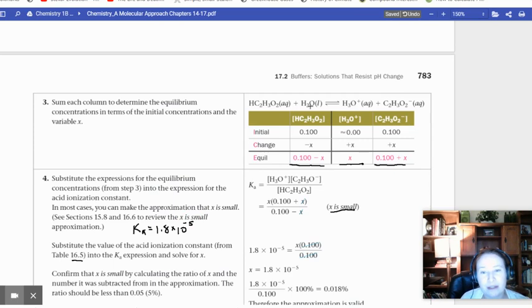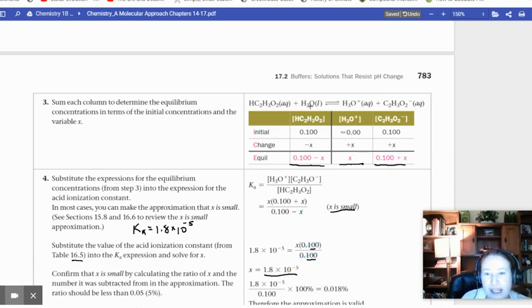And on the AP test, they only use x is small. So 0.1 minus x just becomes 0.1 right here, and 0.1 plus x just becomes 0.1 up here. And so you use that to solve for x. And since you have 0.1 over 0.1, they cancel. So x is this value.